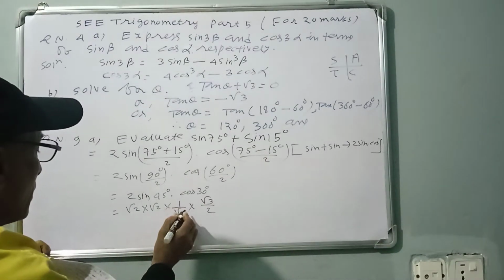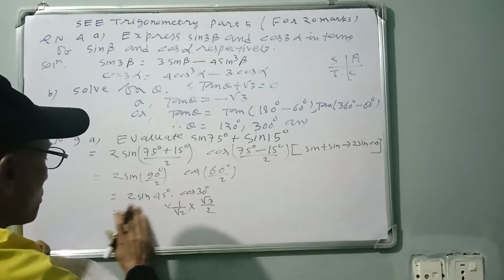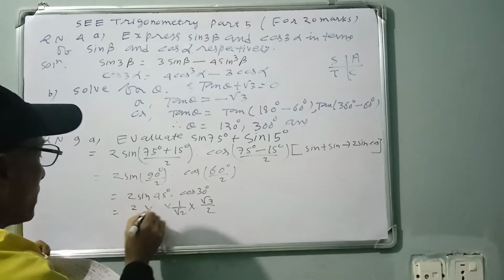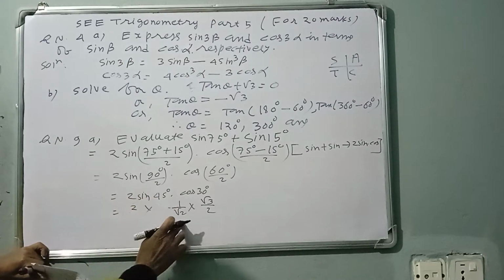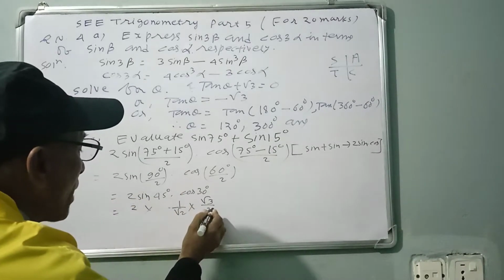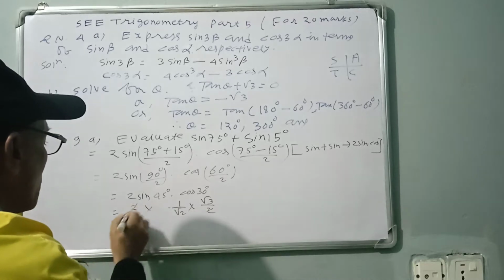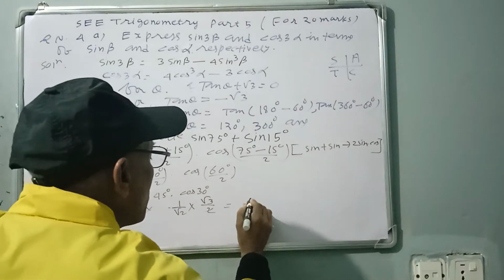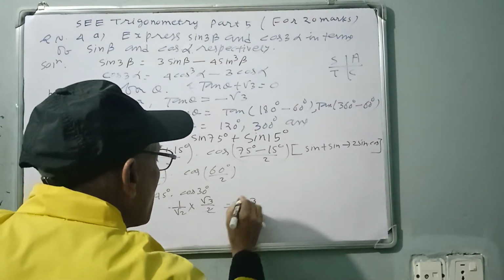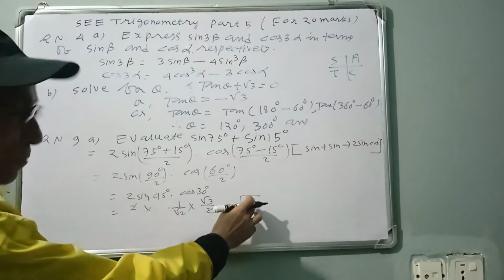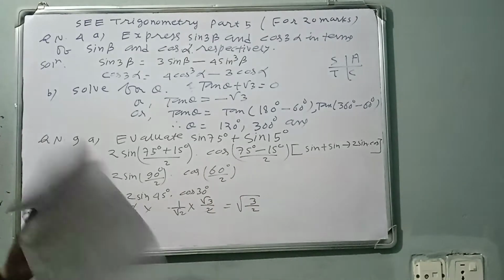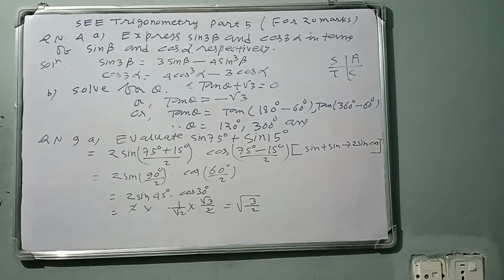It is not necessary to convert this. 2 into sin 45, 1 by root 2, cos 30, root 3 by 2. 2 cancels, 3 by 2, root 3 by root 2. If you want to change, you can multiply by root 2, but that is the answer. Root 3 by root 2 is the answer.